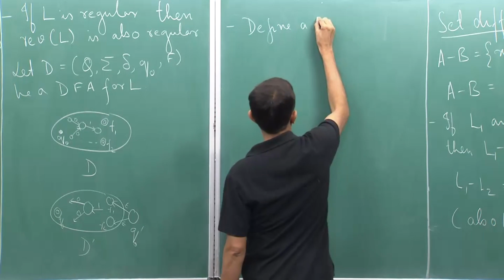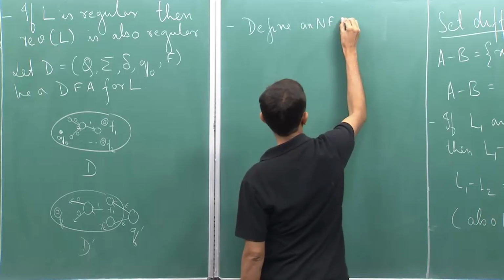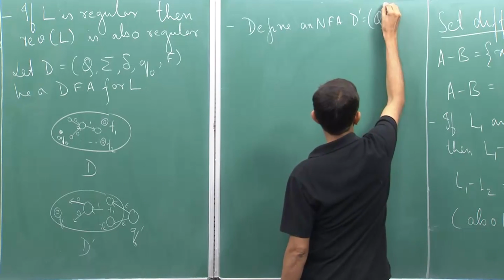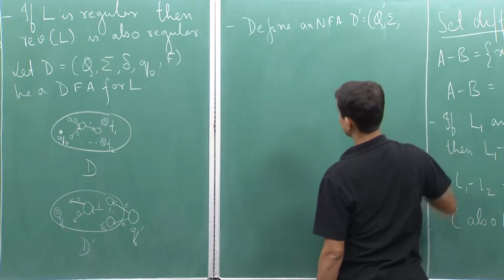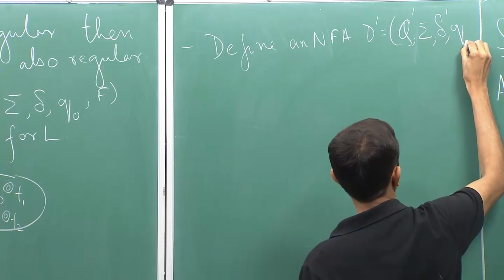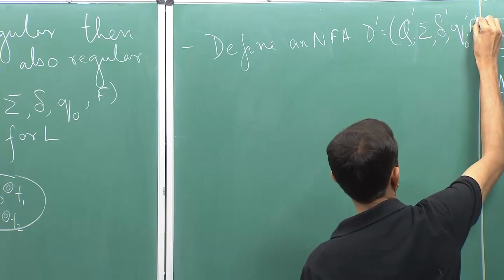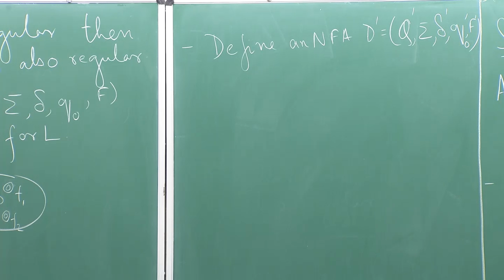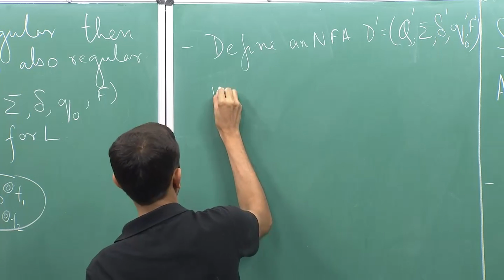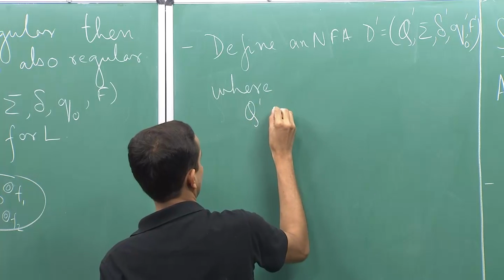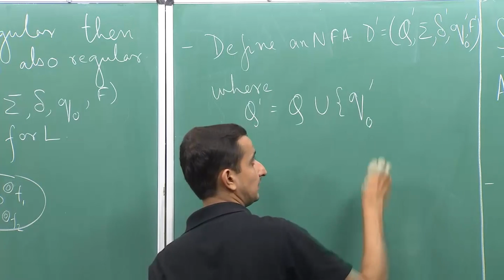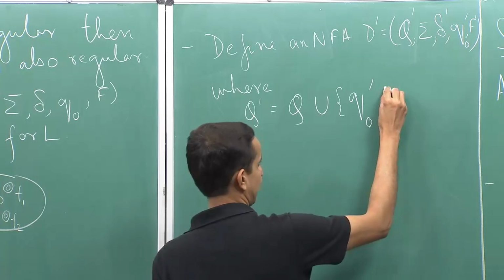Define an NFA D prime equals (Q prime, sigma, delta prime, Q naught prime, F prime), where Q prime is basically Q union a new state, which I will call Q naught prime, this new start state that I am adding.